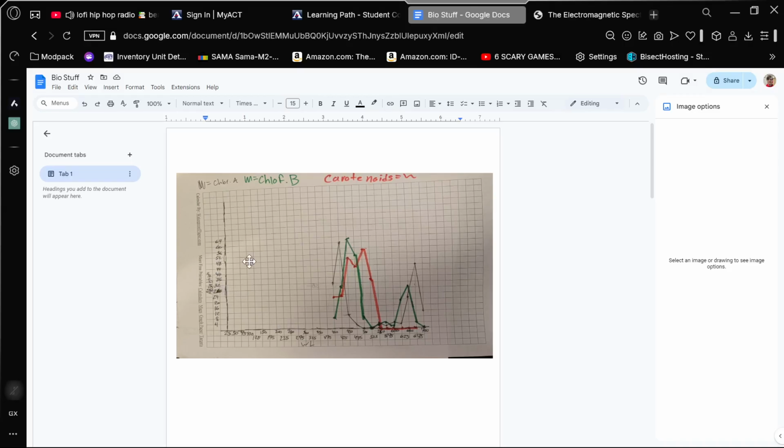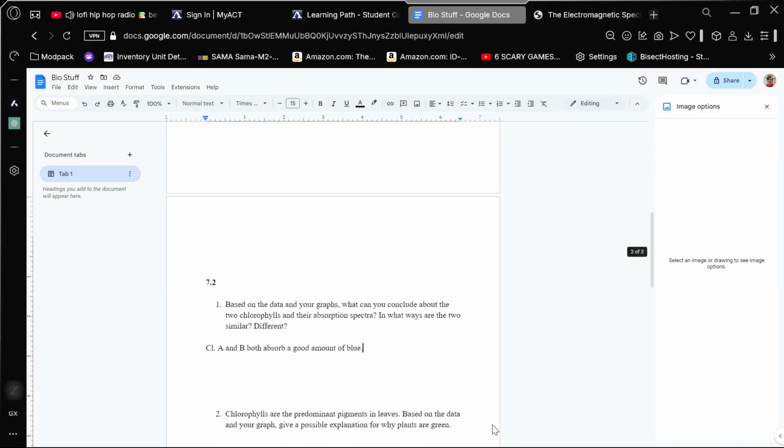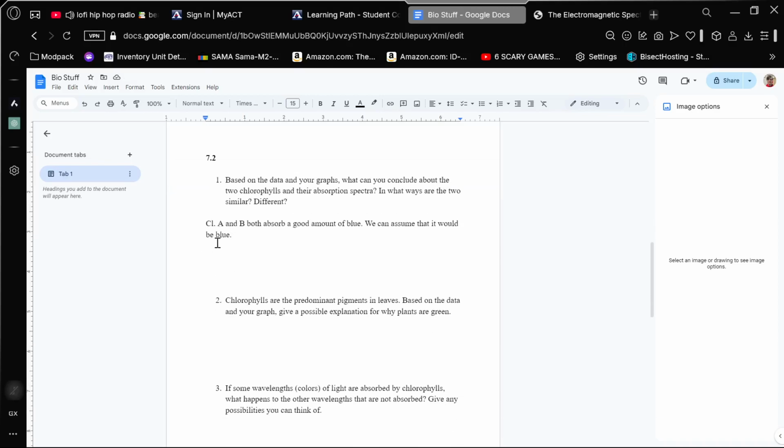But then they absorb more, so I would assume that would mean that they... So, we can assume that it would be blue. Now, these are not the confirmed answers. She'll probably go over this in class.